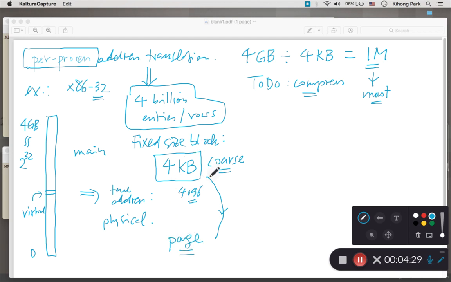And when we use such an approach, we also call it paging. So the unit is a page, which is a fixed size block, and by default, we will assume it's 4 kilobytes to be concrete, to make things grounded in our 32-bit architecture. And once you understand it for 4 kilobytes, then it's easy enough to generalize for any other size.